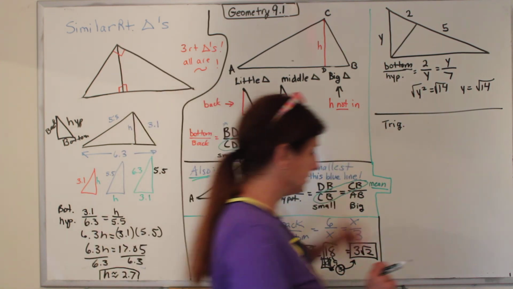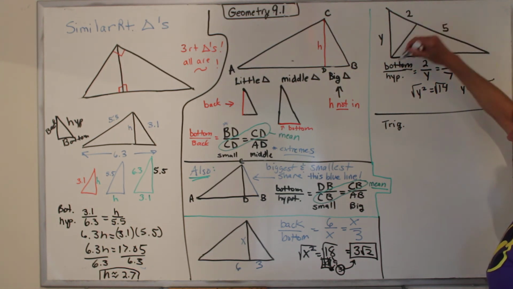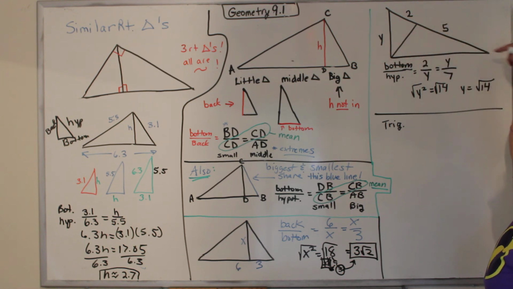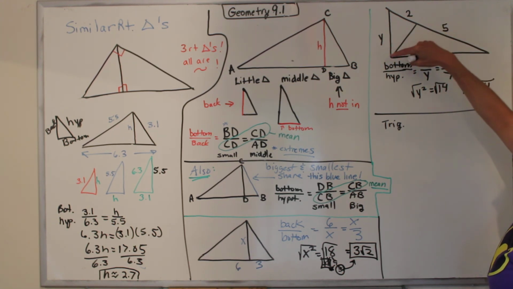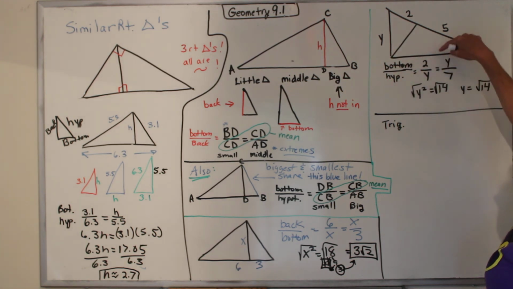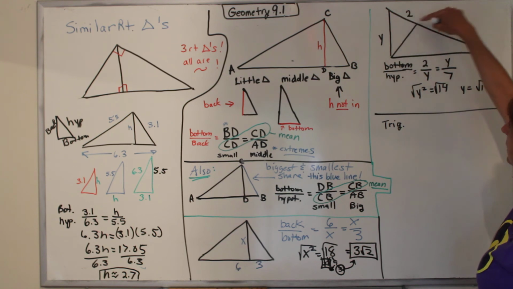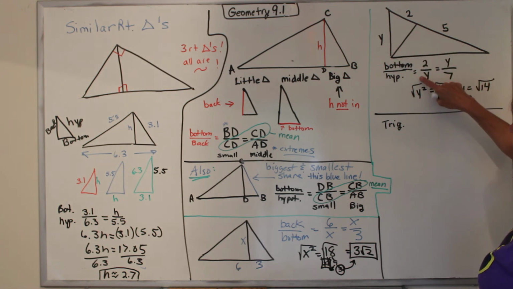Alright, so here's another one. This one, we turned it this way, but notice this is still the height. And we just turned it over where the big triangle is laying on its back now. For each of these triangles, I can put the bottom on top and the hypotenuse on bottom. So for my little triangle, the bottom is 2, the hypotenuse is y.